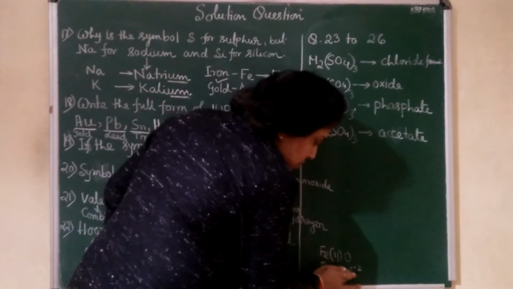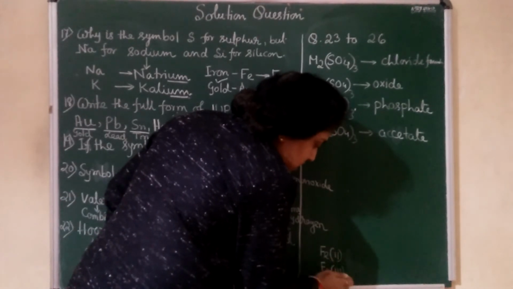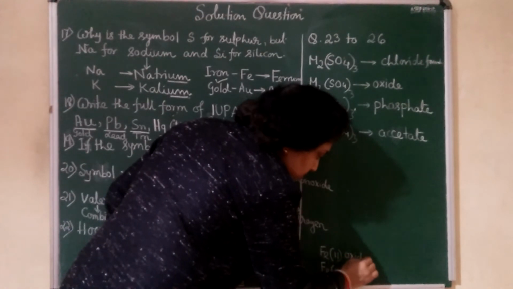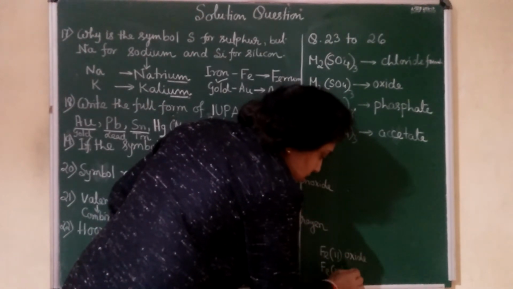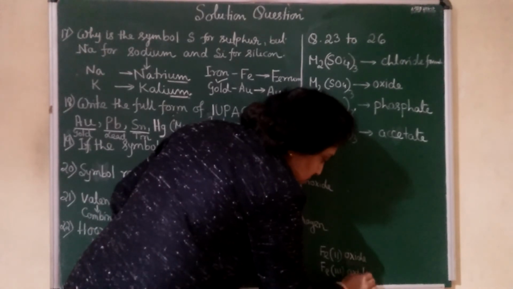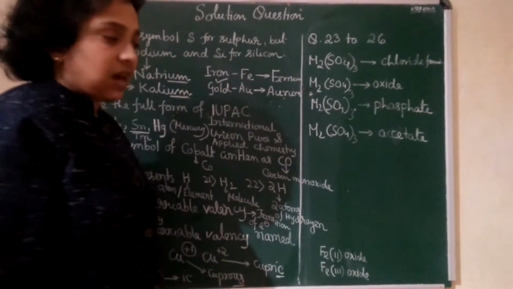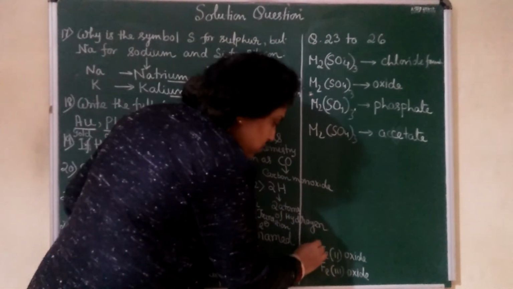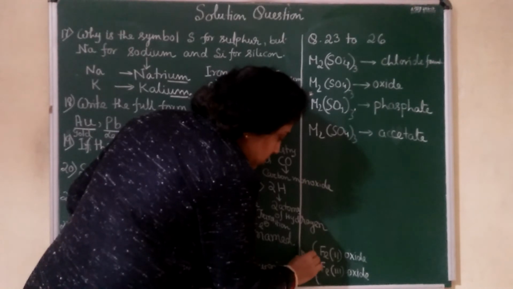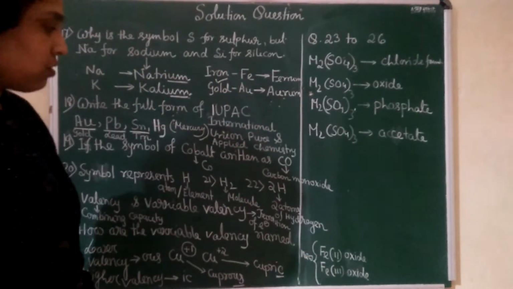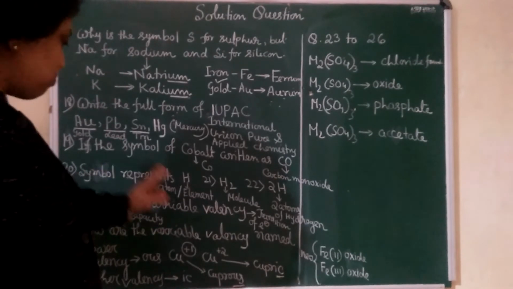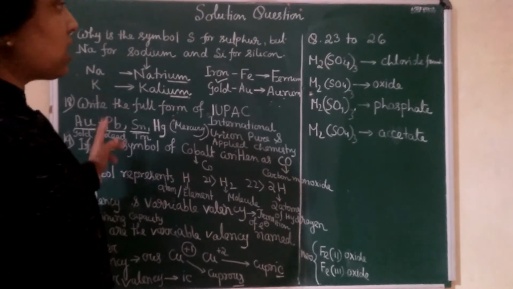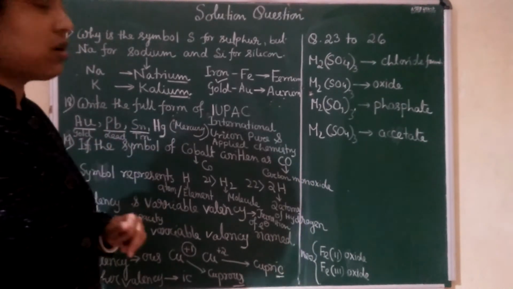Or you can write Fe bracket Roman 2 oxide, Fe bracket Roman 3 oxide. Both are oxides, but by seeing these 2 and 3 you can say which is ferrous and which is ferric. This is the new representation, and the earlier one is the old representation. These are a few related to valency, and this is a very common question. If you understand the chapter, this is a very common question.